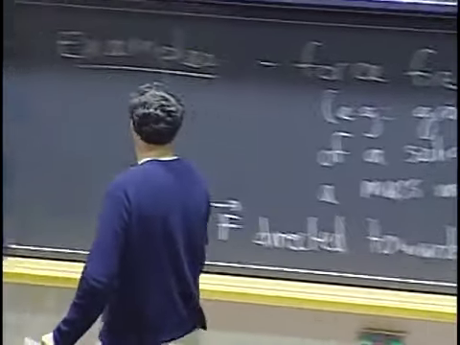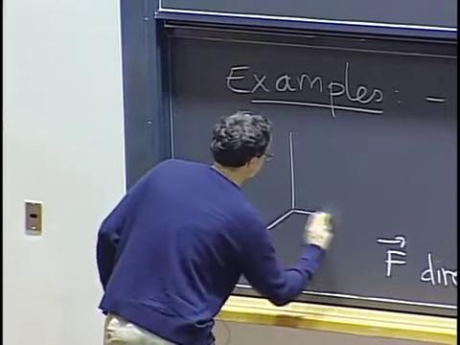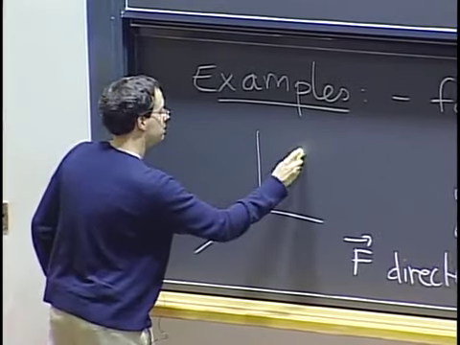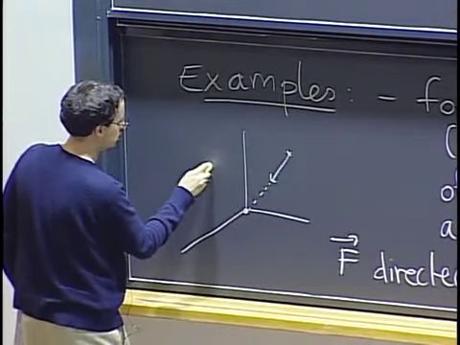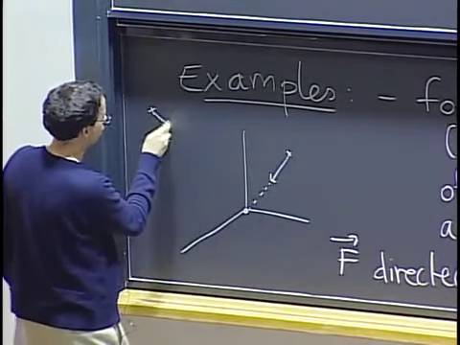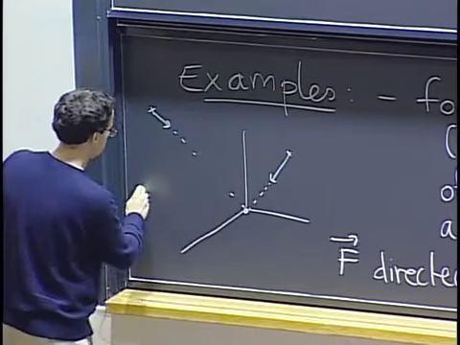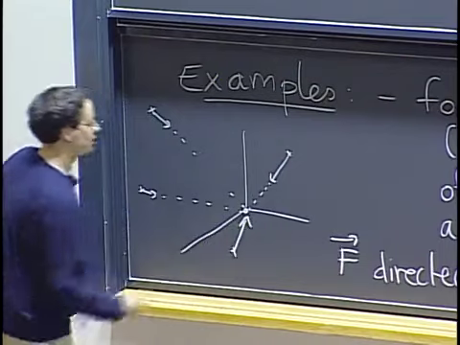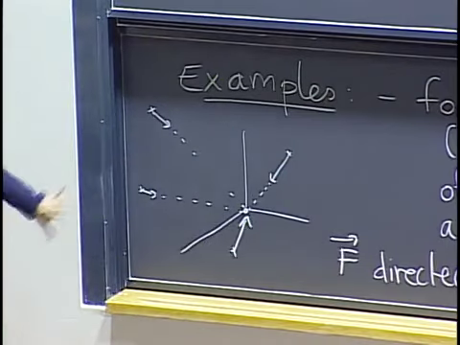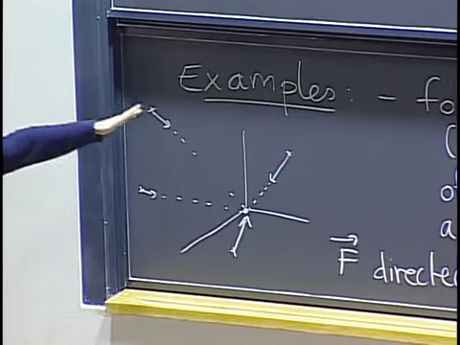Okay, so the picture, if I really wanted to draw a picture, would be everywhere a field that points towards the origin, and if I'm further away, then it gets smaller. And of course, I'm not going to try to draw all these vectors in there.